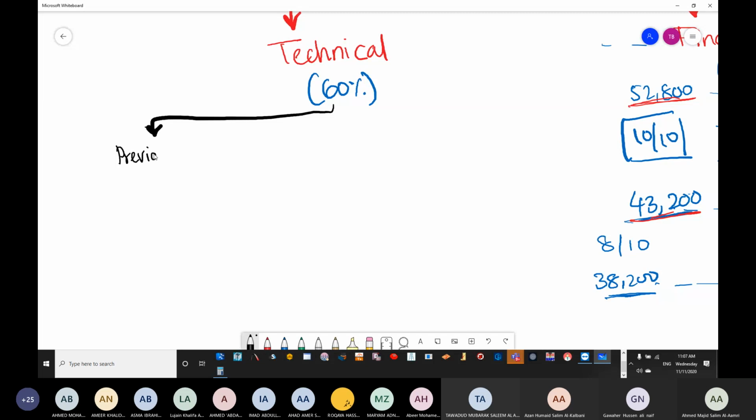Once again, my project now is a road. Is it important that the contractor should have some experience in road, or it's fine that he has done only buildings?